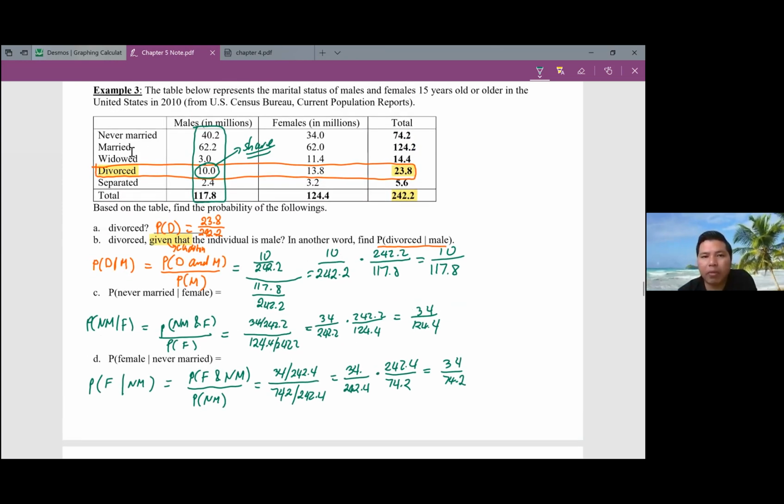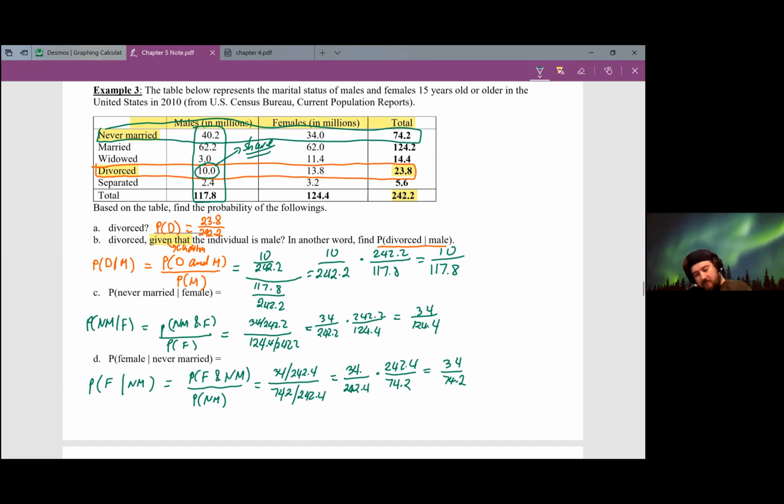And then for never marriage, you have to look at the whole set of never marriage, so you have 74.2. You have to look at the sum of never marriage. So it's actually 74.2 million out of 242.2. So we look at the sum of the row instead of the sum of the column. Does that make sense, Matthew?